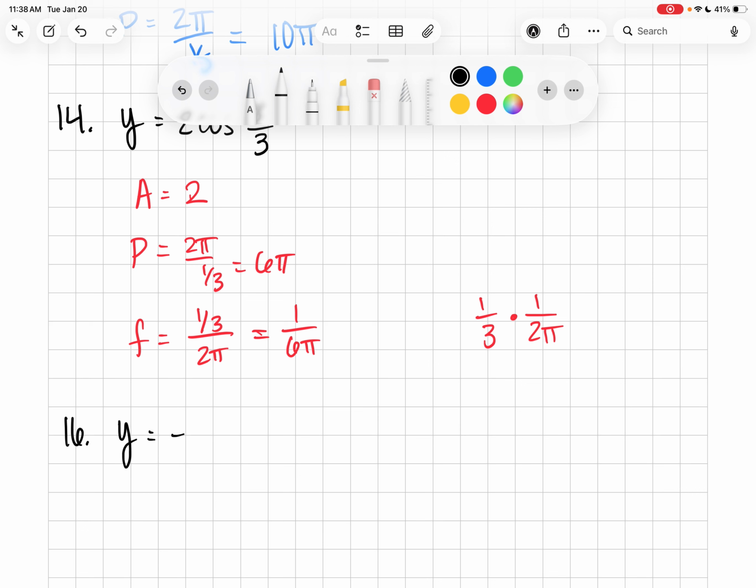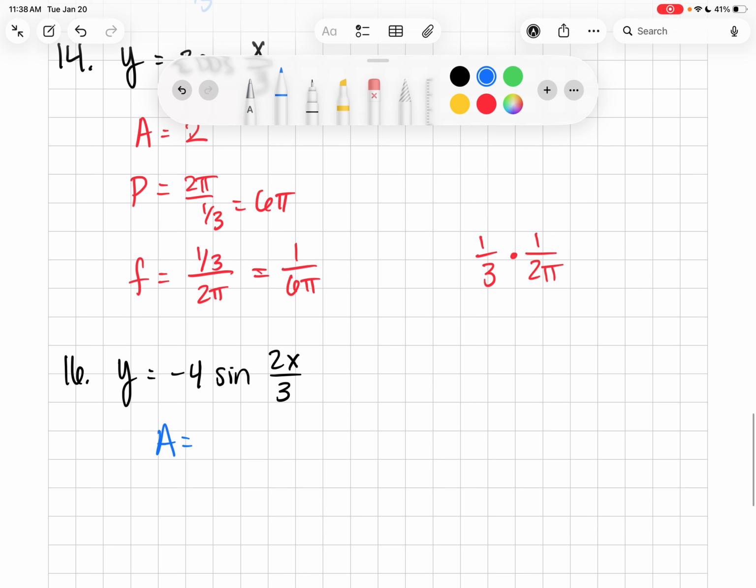y equals -4 sine of 2x over 3. What's the amplitude for this one? 4. Period, or how do I set it up? Either way, 2 pi over 2/3.